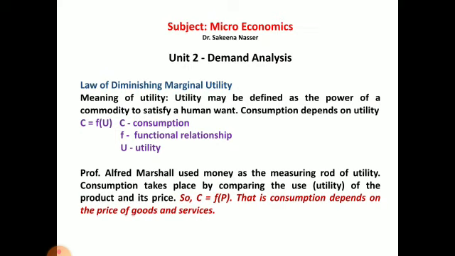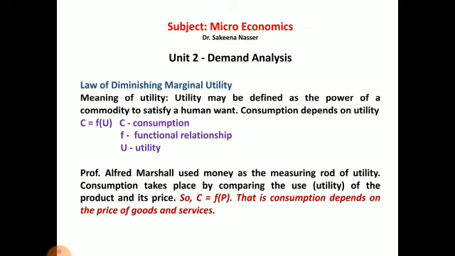Consumption refers to the satisfaction of human wants by using goods and services. Consumption is the starting point of all economic activities. The power of goods and services to satisfy the wants is called utility.